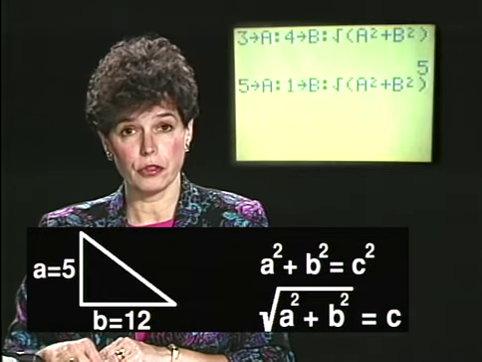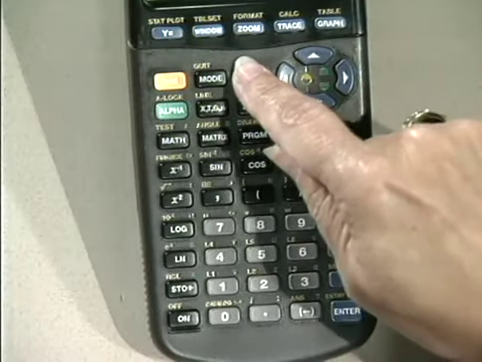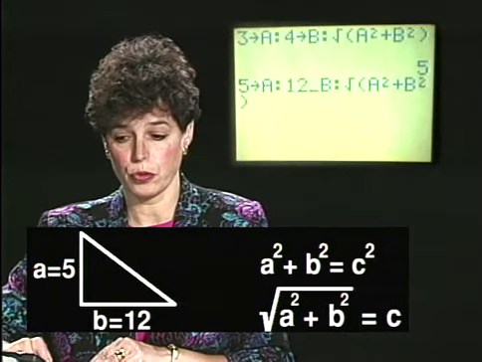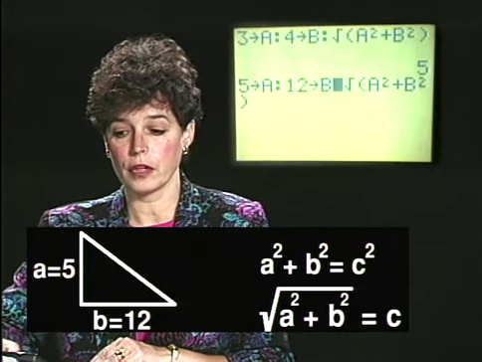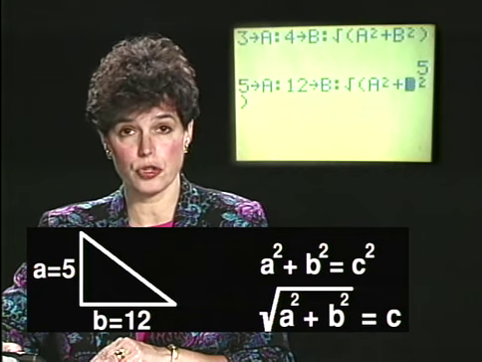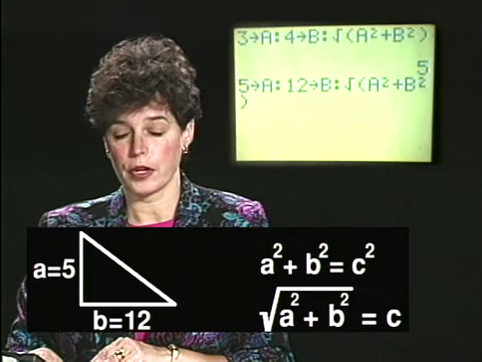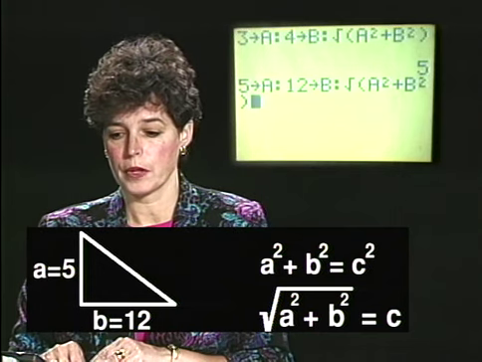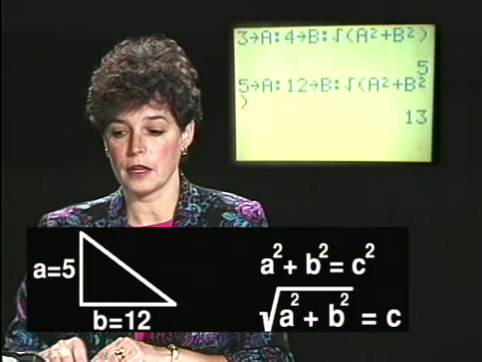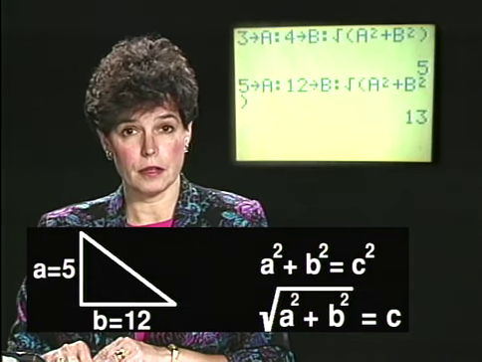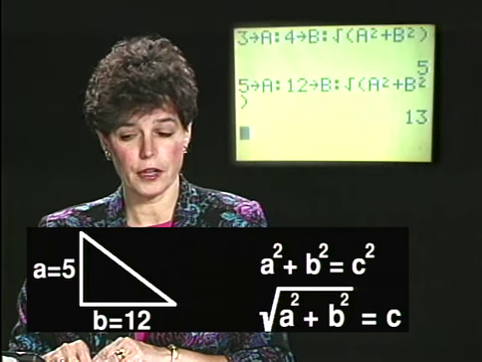So let's use insert, second INS, then punch the 2, and when I arrow over, I see that everything is as it should be. I haven't gotten rid of anything accidentally by putting another number in on top of something. If I press enter, I see that I do have the length of the hypotenuse of this new triangle.